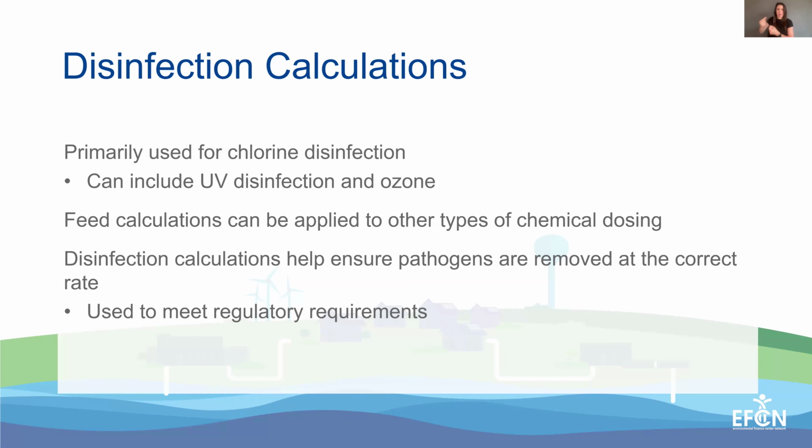A lot of times we have to disinfect to meet our regulatory requirements. And a lot of the math that we use is to make sure that we're putting enough chlorine in the water, or that our UV is high enough. But again, we're focusing on the chlorine side.